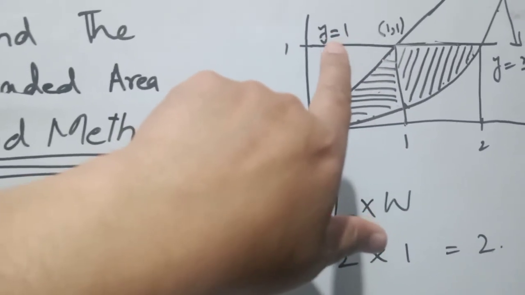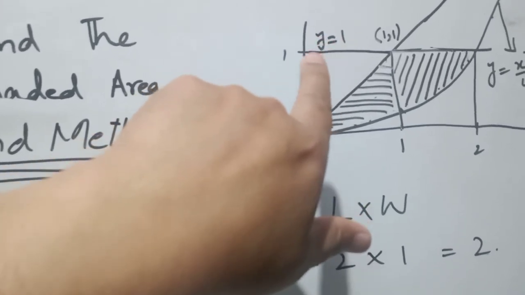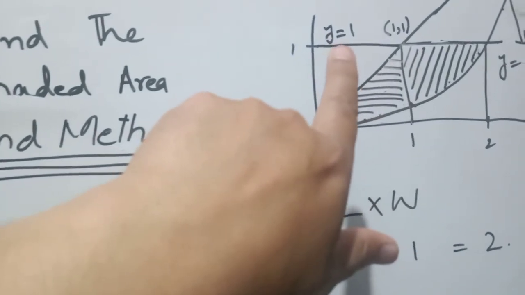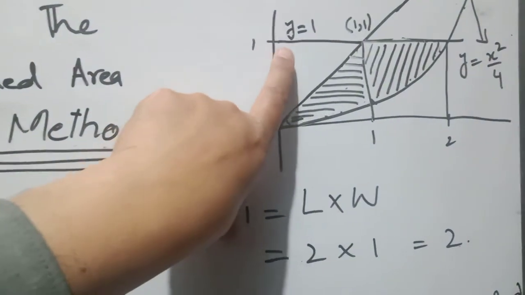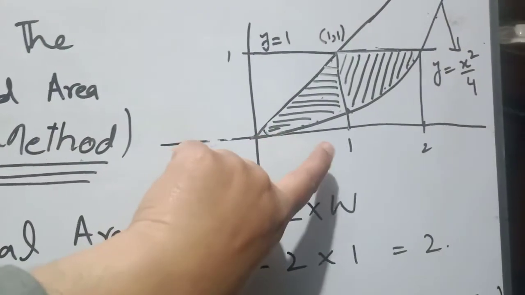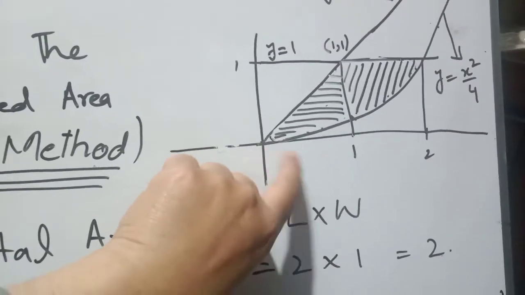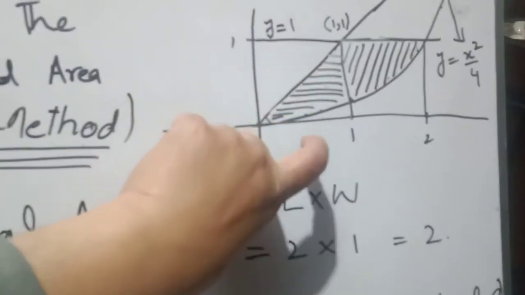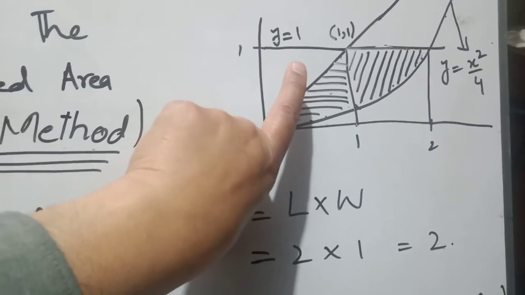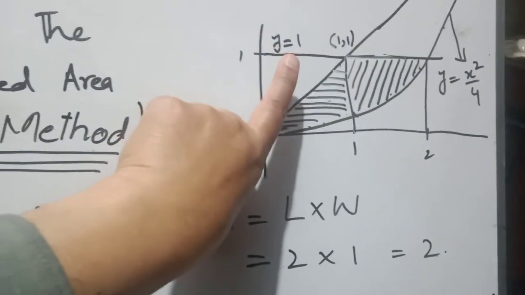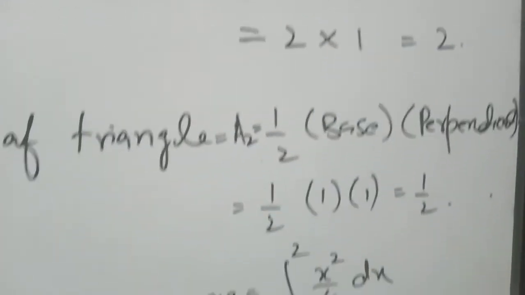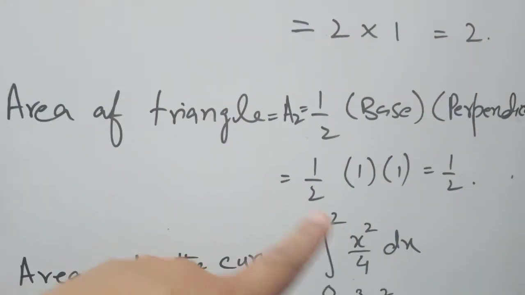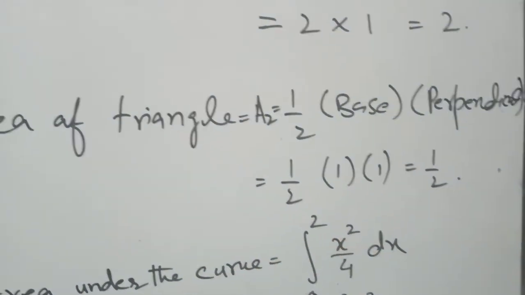Do not consider this y equals 1, which is basically the equation of this straight line. This line is parallel to this line, and from 0 to 1 the length is 1, so base and perpendicular are both 1. Putting these values into half of the base times the perpendicular, after simplification we get 1/2.